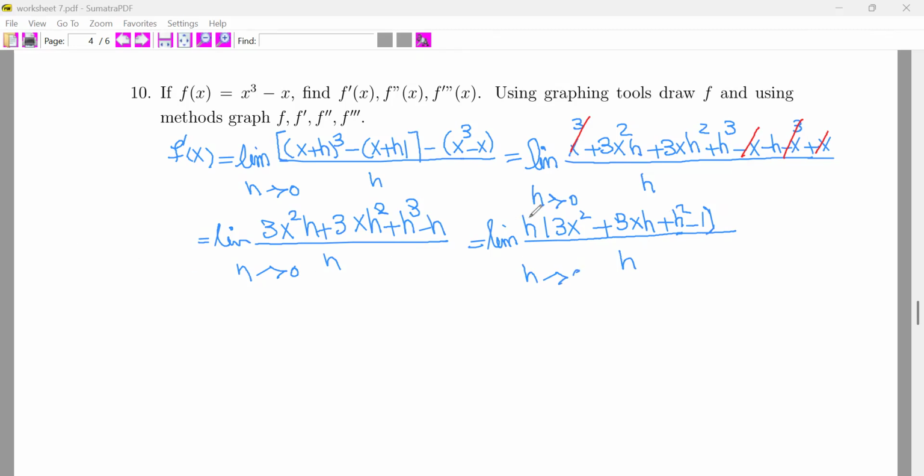So we can cancel h and h here, and we would plug in h as 0. So we are left with 3x squared minus 1 here.